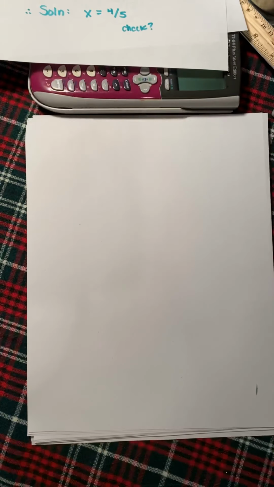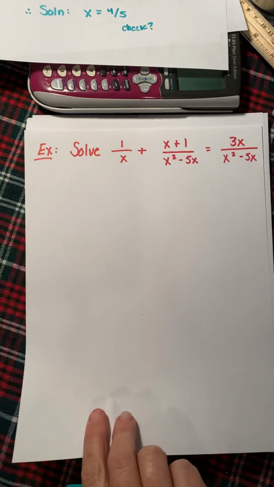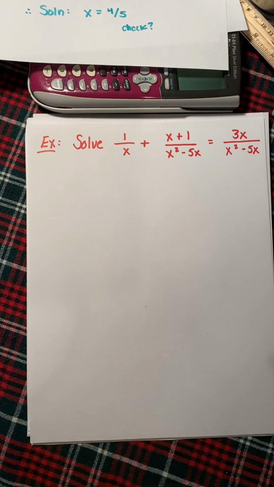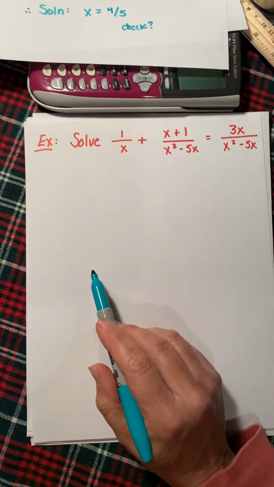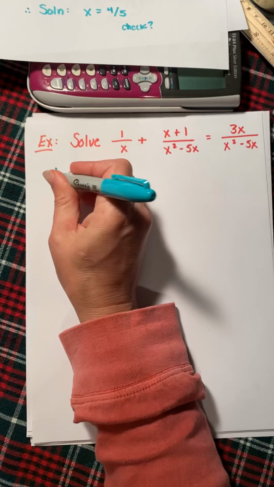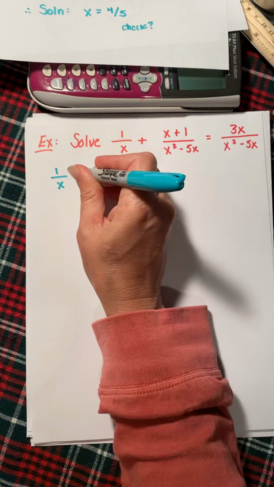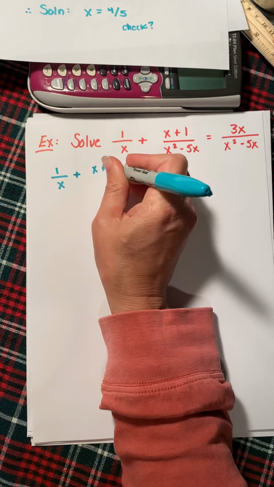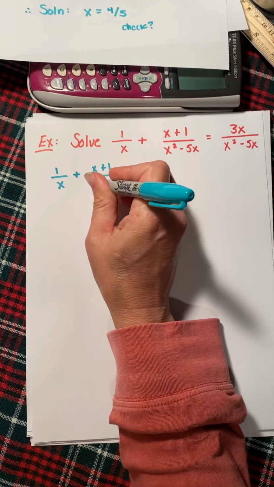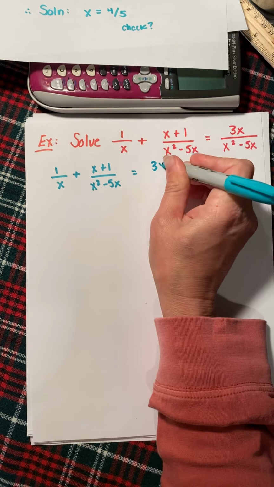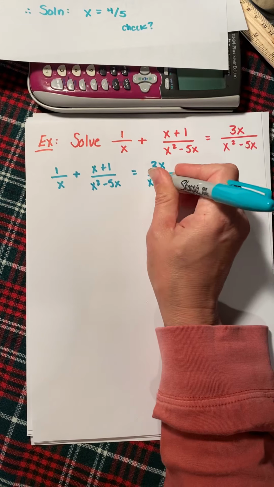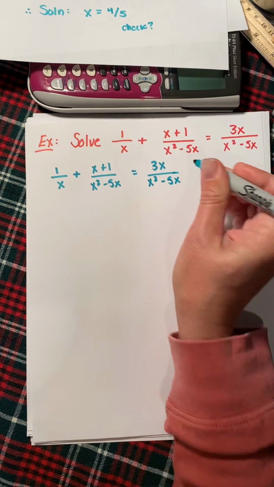All right. So here we're going to get a little more complicated. We're now going to have binomial expressions as well as monomial. So what we do first when we're looking to solve a rational equation means we have rational expressions and our unknown appears in one or more places in the rational expression.